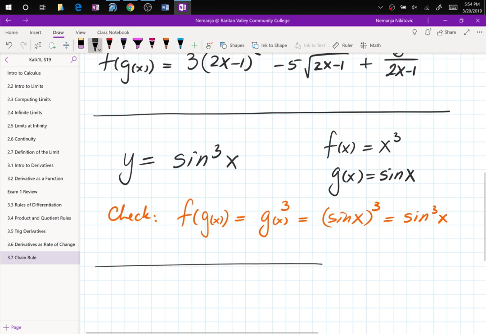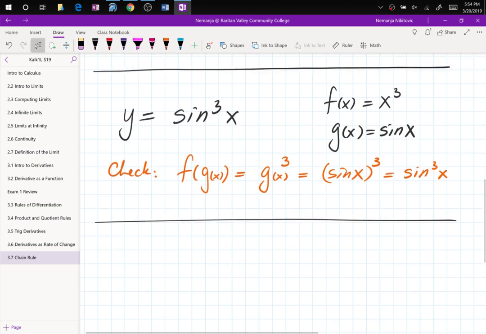Let's decompose one more. Let's say we have y equals 2x ln cubed x.